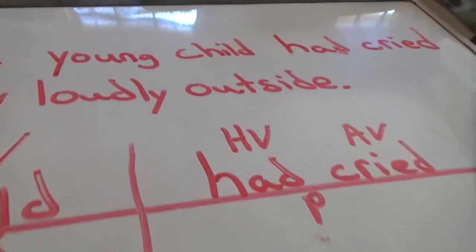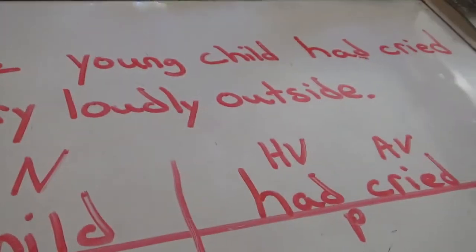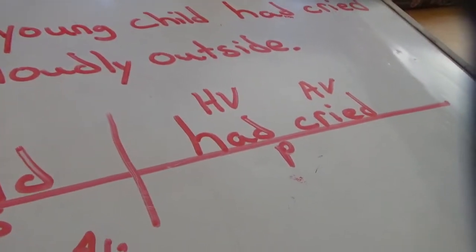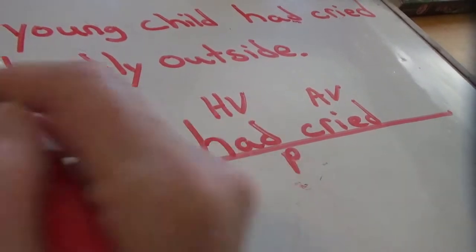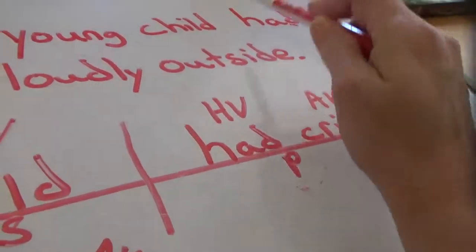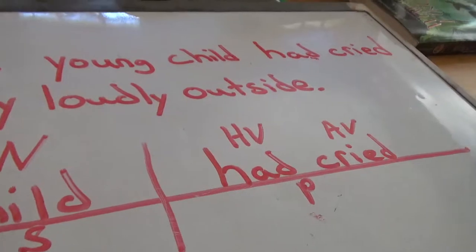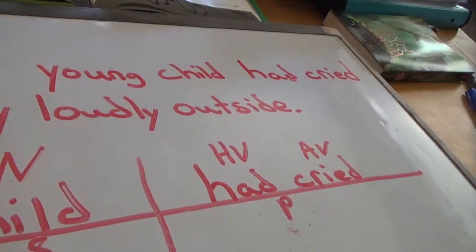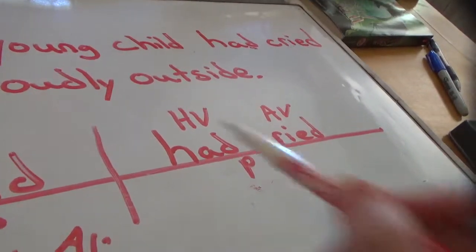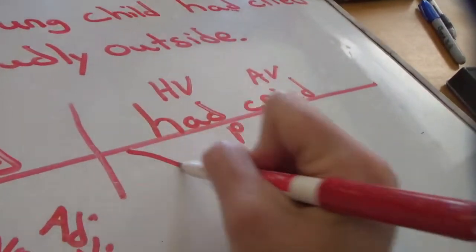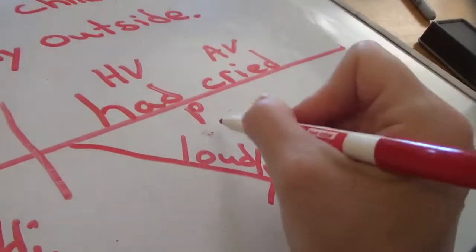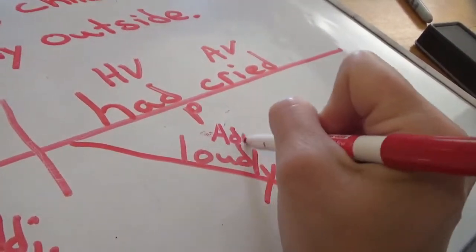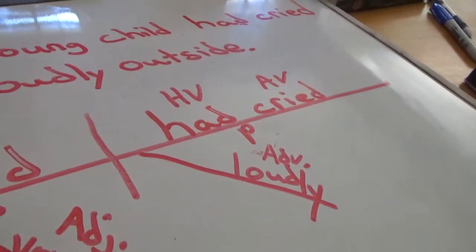Okay, now, had cried very loudly outside. So we know that these words must be adverbs because they're modifying this verb phrase. And an adverb modifies a verb, an adjective, or another adverb. So let's do loudly. Had cried how? Loudly. Loudly is definitely an adverb modifying cried. So ADV, had cried loudly.